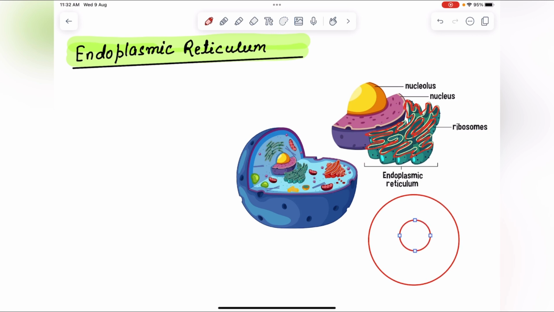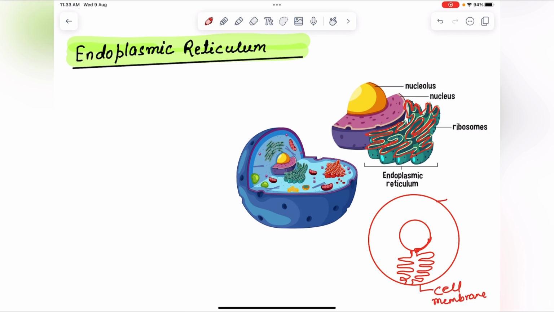So it is attached from the nuclear membrane to the cell membrane. The inner end is connected with the nuclear membrane, and its outer end is connected with the cell membrane.